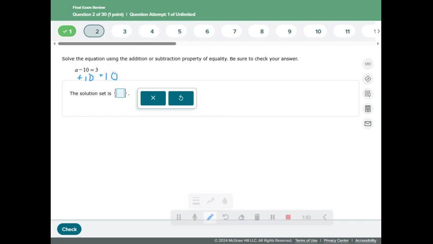So A will equal 13. And if we check that, it would be 13 minus 10 equals 3. That is accurate, so we can go ahead and put in our answer of 10.